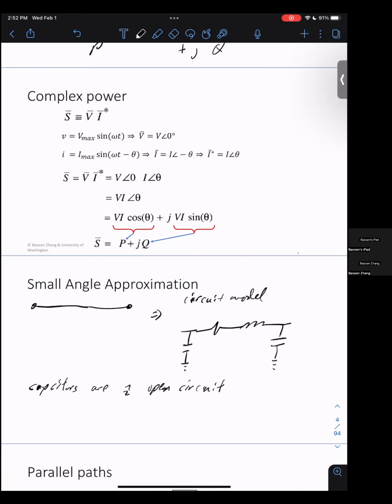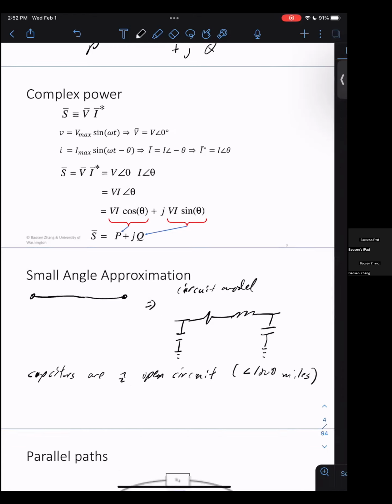This assumption is not very bad. This is true normally for a line, let's say less than 1,000 miles. So for short lines, this is not terrible. This is the assumption we make.